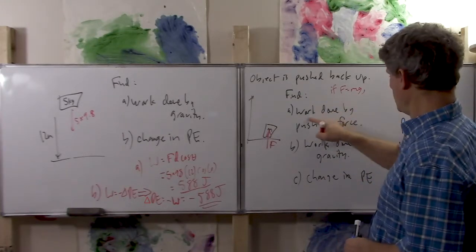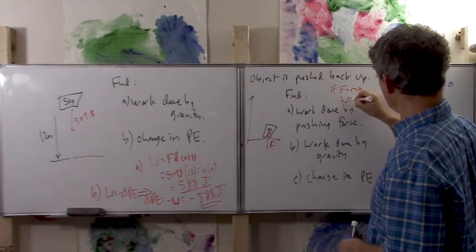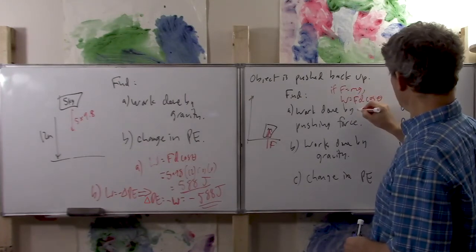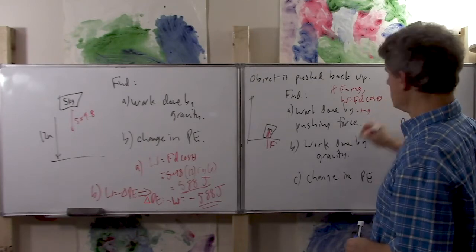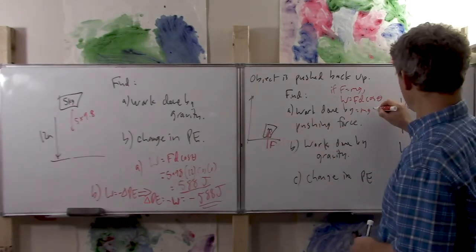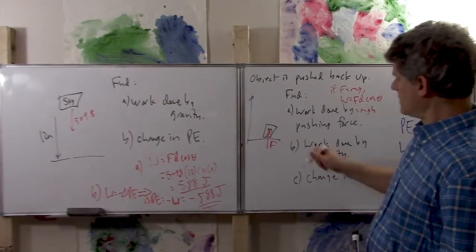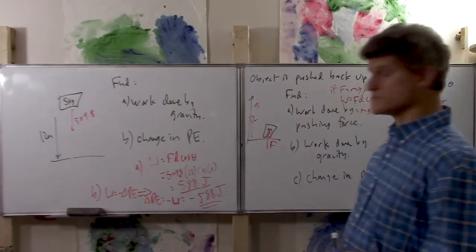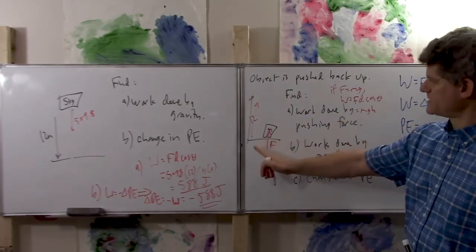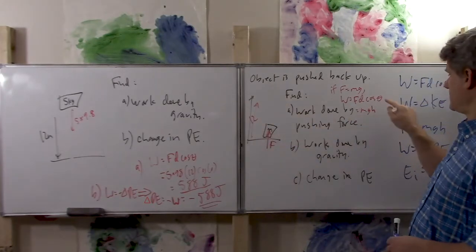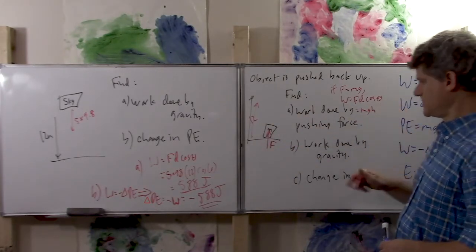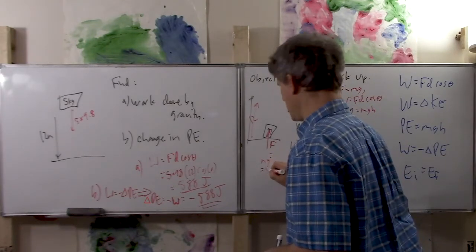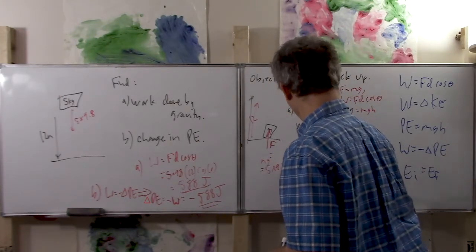Okay, then the work done by the pushing force is work equals Fd cosine of theta. So it's mg times the displacement h. Now, here your displacement is h in the positive direction. If your displacement is up and your force is up, then your angle is going to be 0. So let's put in some numbers. mg, which is 5 times 9.8.